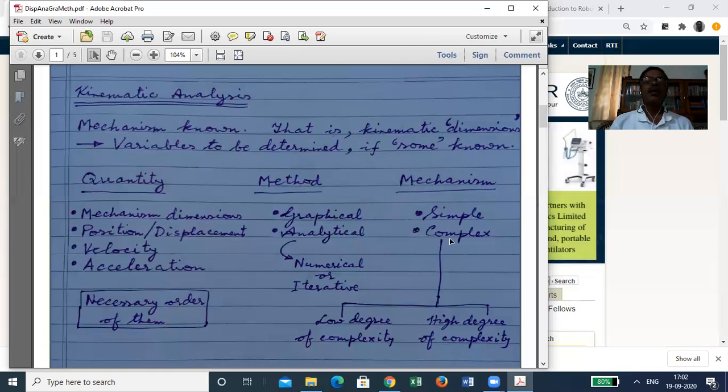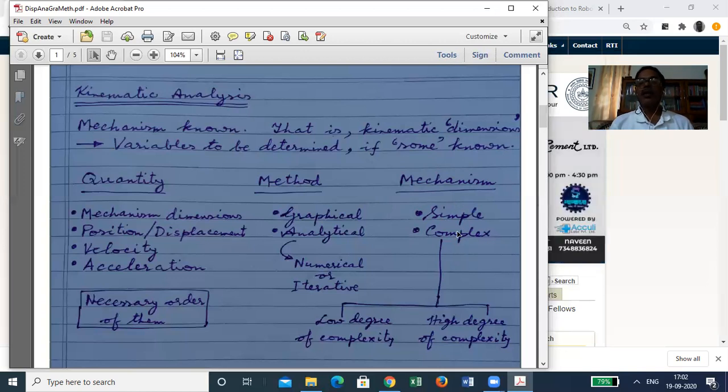Okay. So we will see as we proceed what is a simple mechanism, what is a complex mechanism. So one reverse way of defining is that a simple mechanism is one in which the graphical method will succeed. But that is the wrong way of defining things.